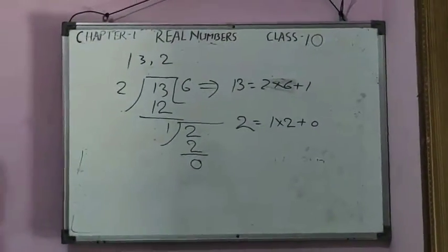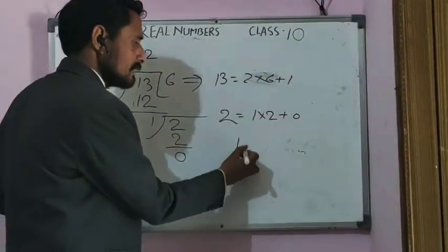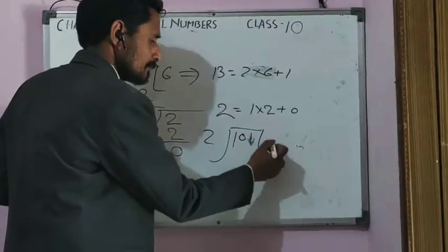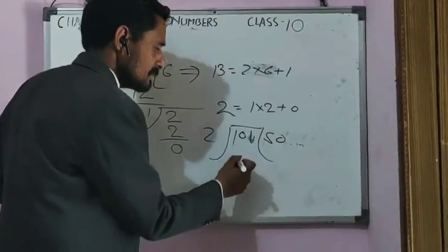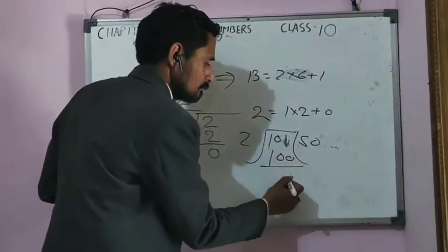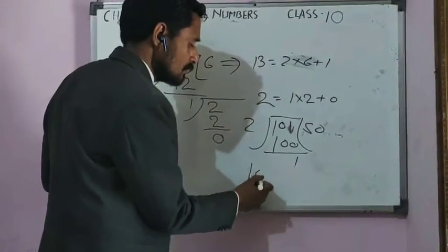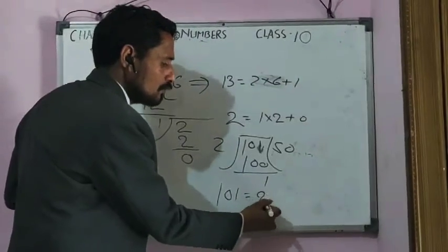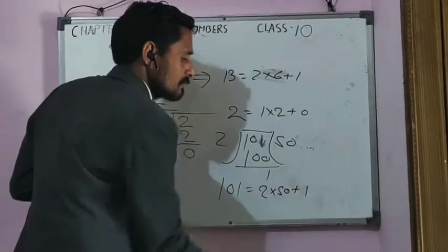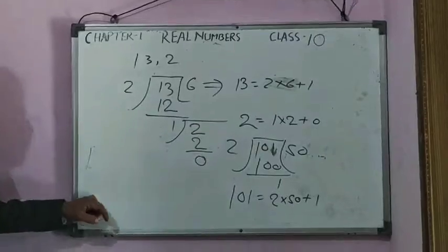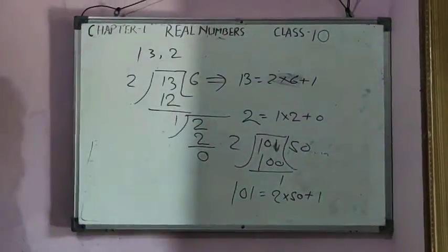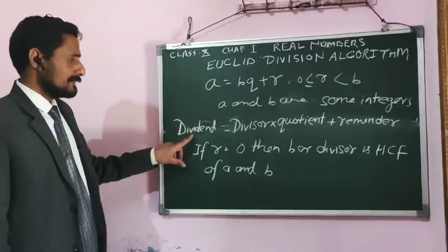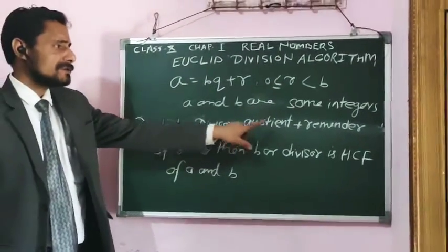And some other examples: if we divide 101 by 2, we have 50 as the quotient and 100 and 1 is the remainder. So 101, which is the dividend, can be expressed as 2 into 50 plus 1. So we have the remainder as 1. As we read, the dividend is equal to divisor into quotient plus remainder.